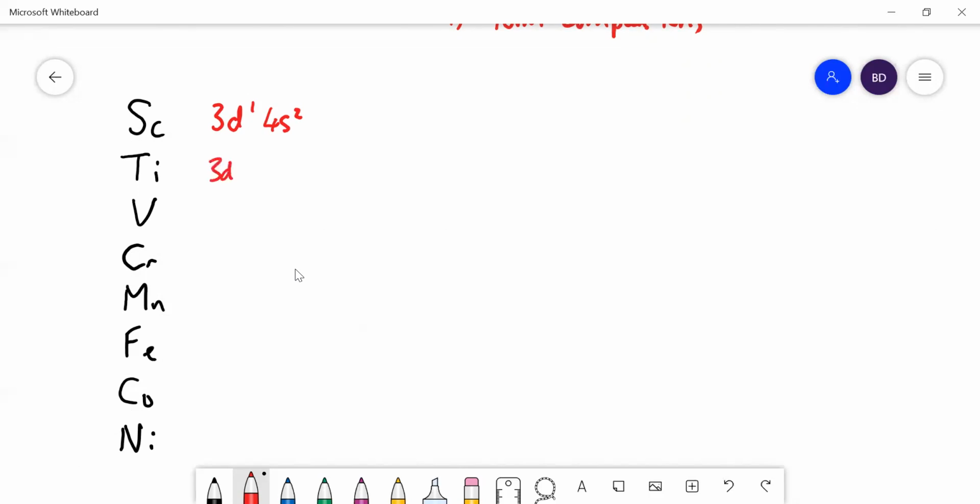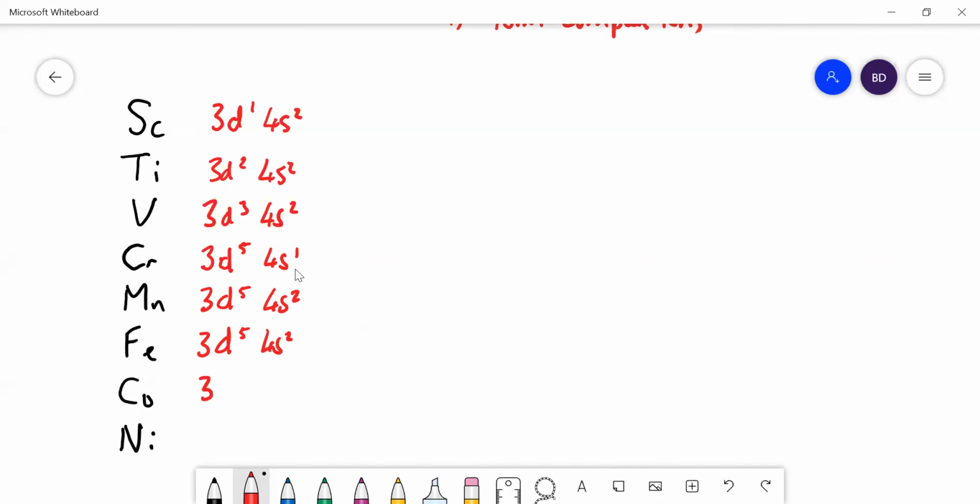Titanium, 3D2, vanadium, chromium, 3D5 4s1. That's a funny one. Manganese, iron, cobalt, right, 3D6 and 3D7.